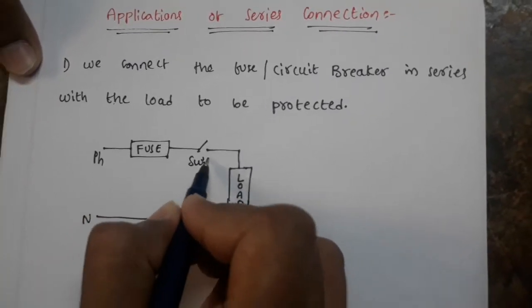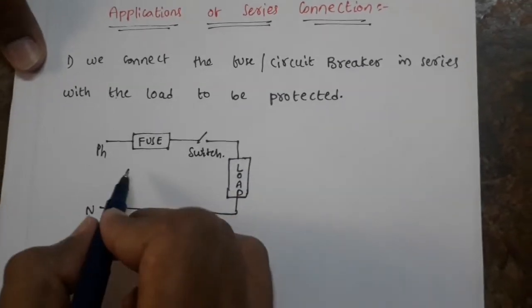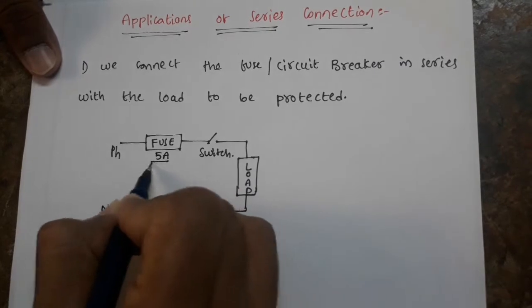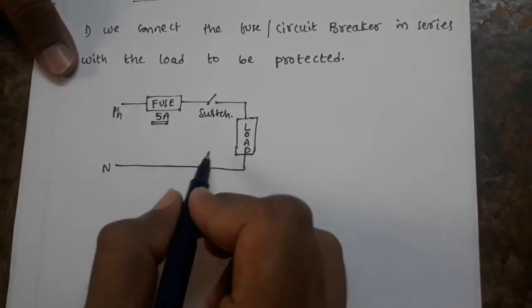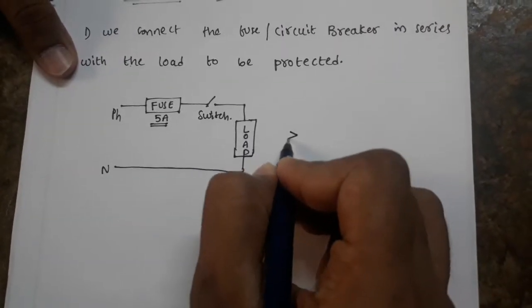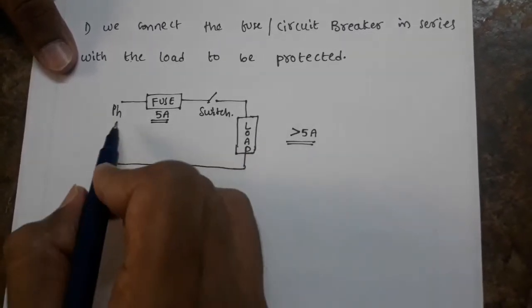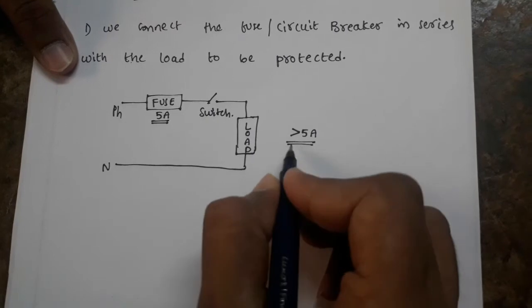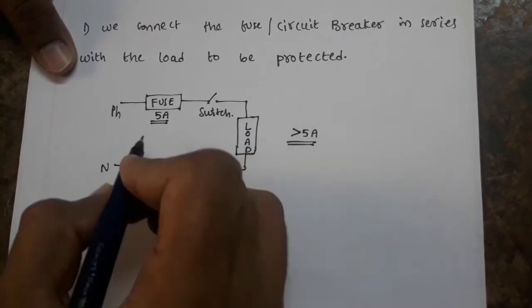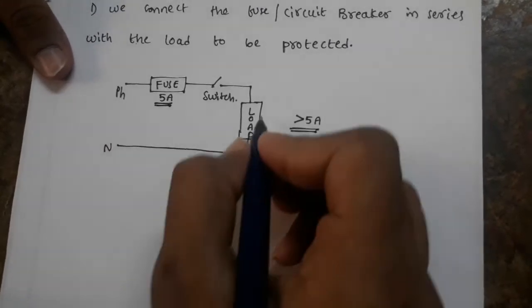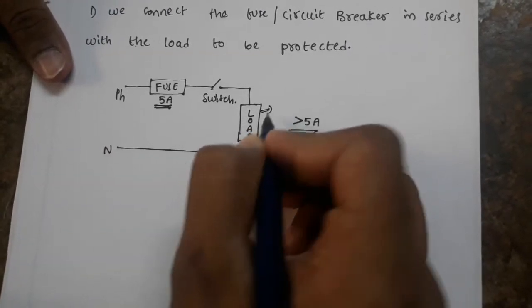If the fuse rating is 5 amperes, then if the load consumes more than 5 amperes, or the current drawn from the supply is more than 5 amperes, then the fuse will blow out such that the load is protected.